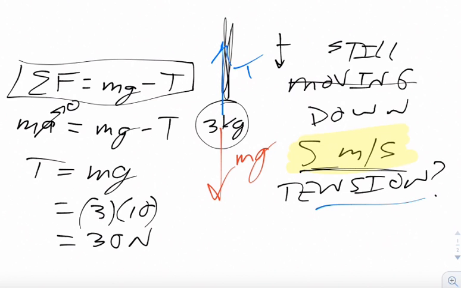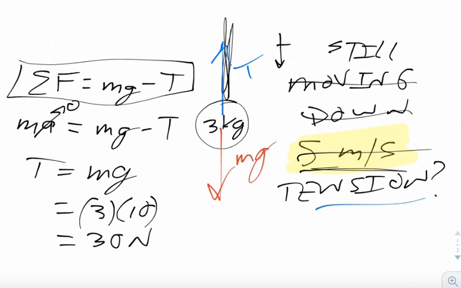If I had an example where the ball was at rest, hanging from the chain, then the tension in the rope would be opposing gravity equally as well, and so it would be a tension of 30 newtons that way as well. But again, this is that notion of Newton's first law that's so surprising. Once the ball starts moving down, it wants to continue moving down, and the only force I have to apply is enough to keep gravity from speeding it up, to keep it moving at a constant speed.